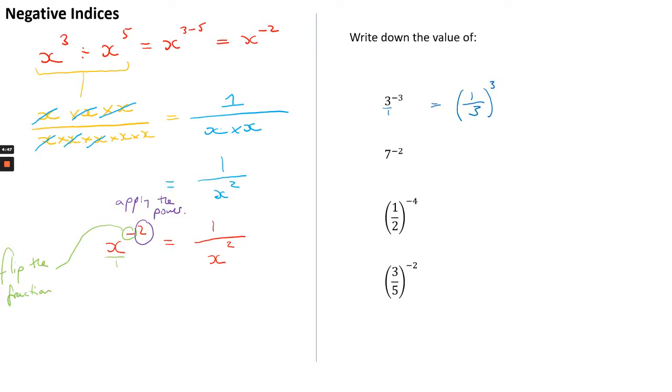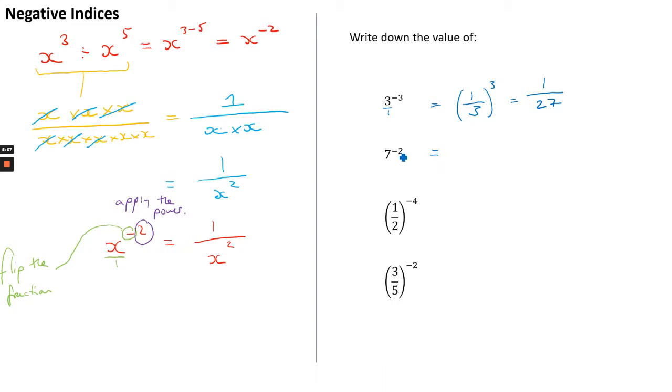Okay, 1 over 3 all cubed. It's important that we cube all of it, even though our answer will be nice and easy to see. 1 over 3 all cubed is 1 cubed, which is 1, divided by 3 cubed, which is 27. So 3 times 3 times 3. And that's my answer there.